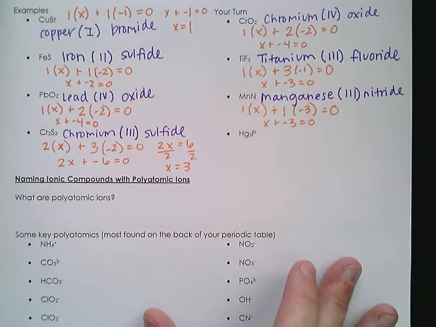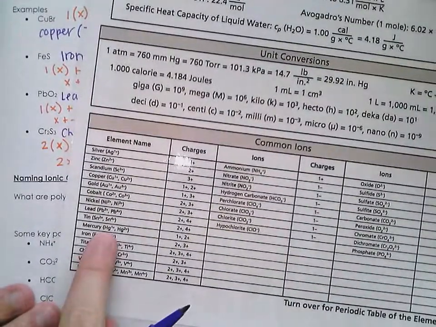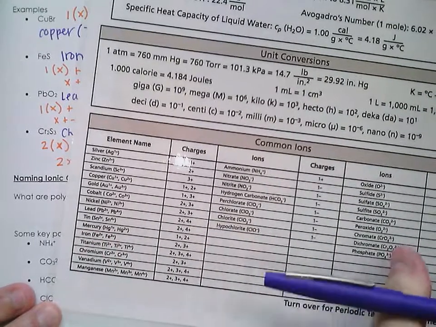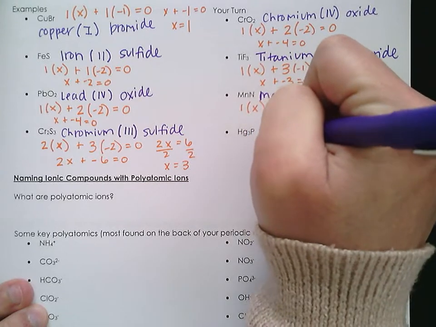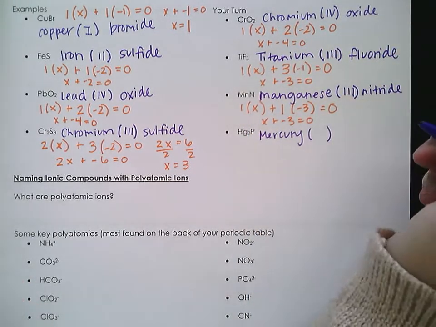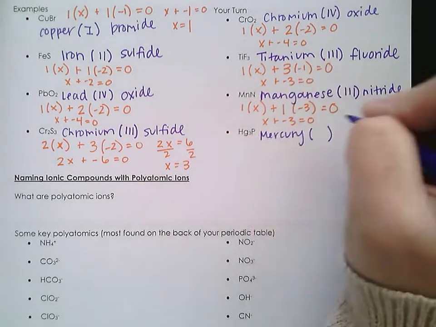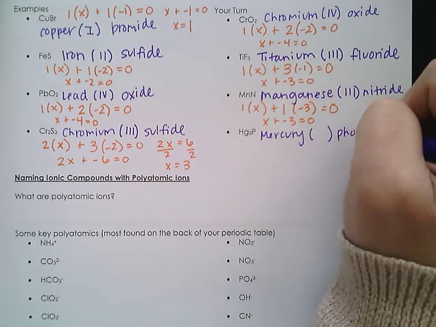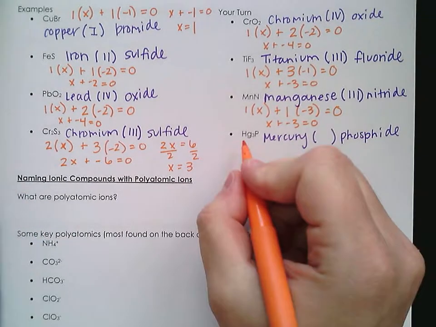Let's check out this last one on here. Hg. So if I'm looking at the back of my periodic table, Hg tells me that it's mercury. It has more than 1 charge, so I'm going to put a place for my Roman numerals. And phosphorus becomes phosphide. And let's do our calculation here.